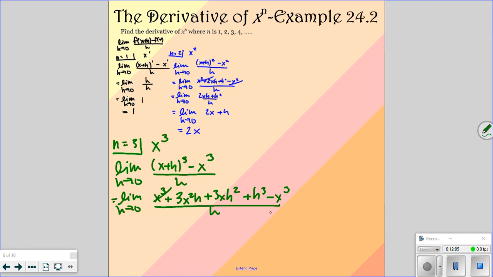And your x cubes cancel, so that you have 3x squared h plus 3xh squared plus h cubed over h. And an h can cancel out of each term.